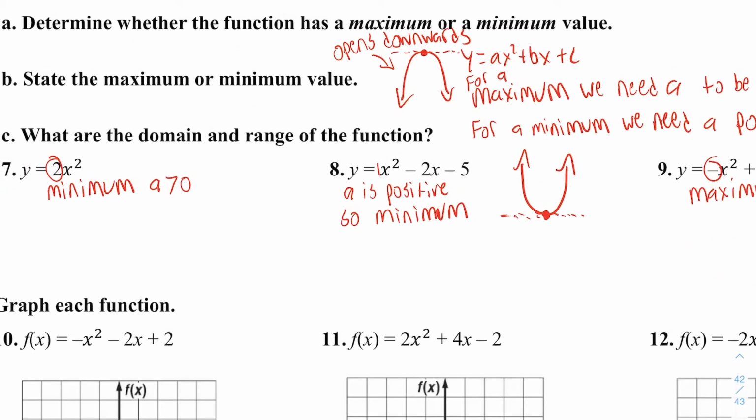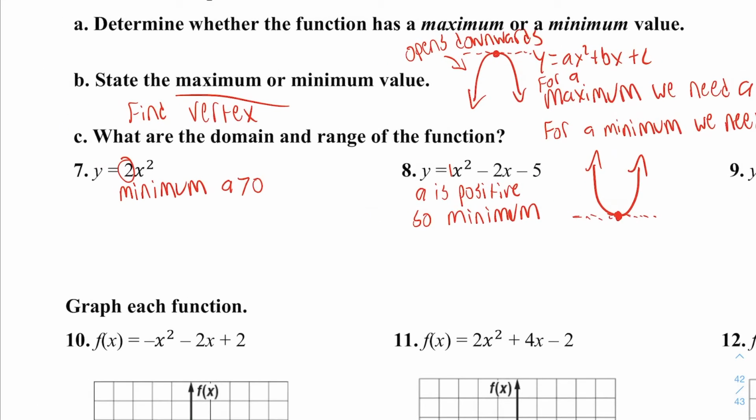So it's easy to know whether you have a minimum or a maximum, but to find that value, you need to find the vertex. It's the same thing as what we did in the last question, which is x equals negative b over 2a, and then you plug that in.